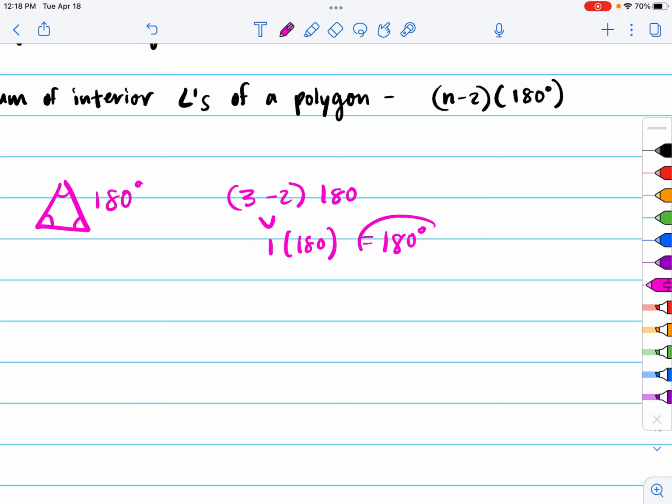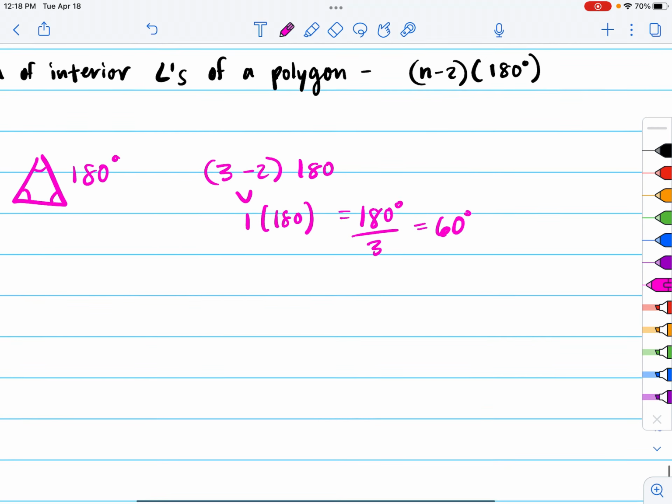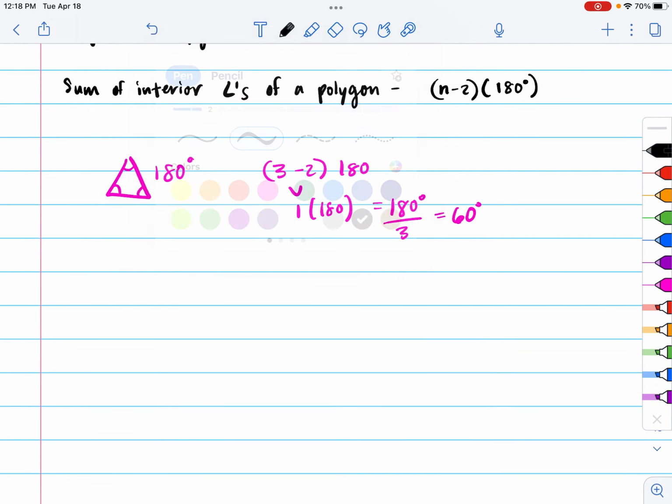Once we have the total interior degrees in a polygon, in this case 180, we just divide by the number of sides. In this case we divide by 3 and get 60 degrees. But if you want a general formula, this would be the equation for one interior angle of a regular polygon.